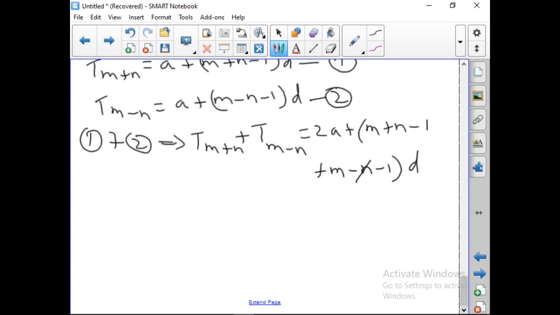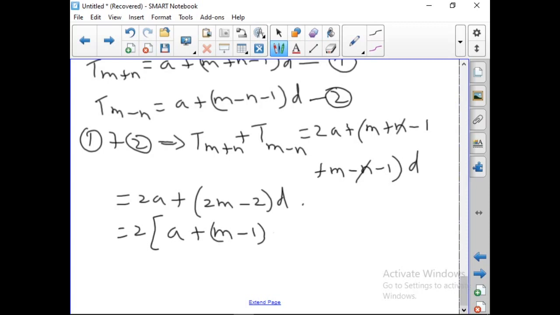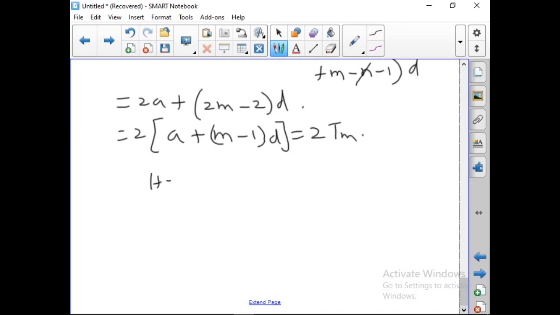So this gets cancelled. What you have is 2a plus (2m-2) into d. So 2 is common. We can take it as 2 into (a plus (m-1) into d), which is equal to 2 into Tm. Hence proved. Okay, so very simple problem.